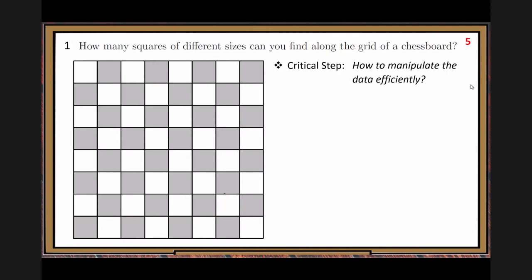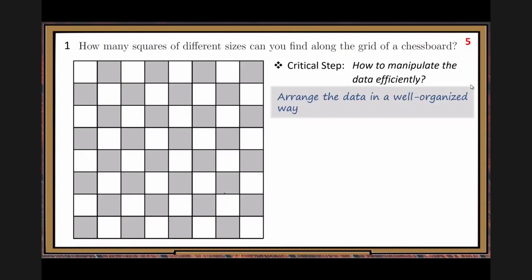That's an important step. In this example, if you do not organize the squares of all sizes, it's quite messy, right? The data with all different squares spread everywhere, not well organized.